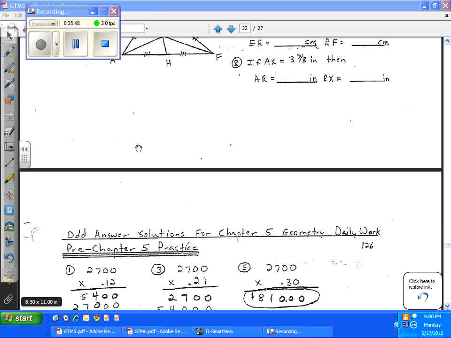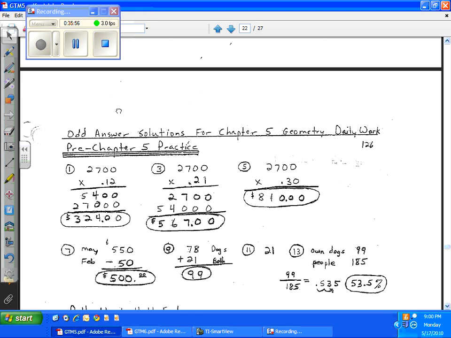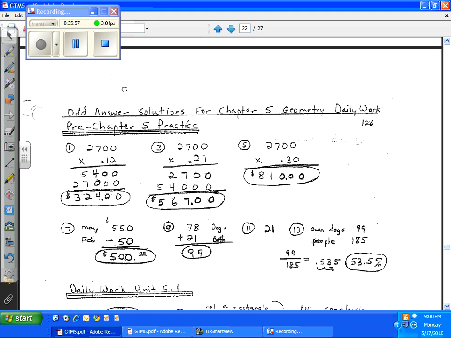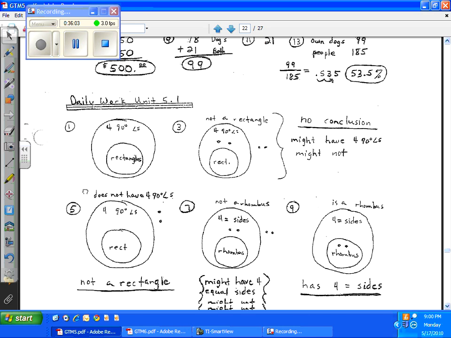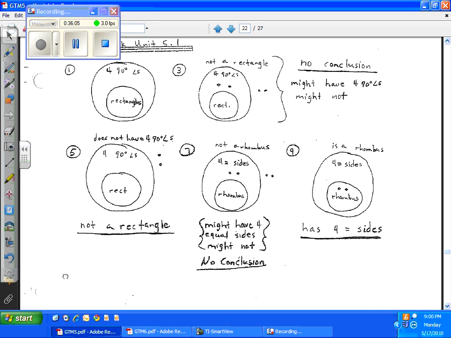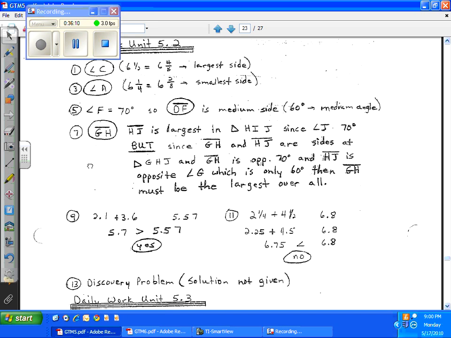Well, that is the end of that daily work, which gets us to the odd answer solutions. Don't forget the odd answers are not just in the back of the book, the solutions are. So it actually shows all of the work here. So again, don't forget that these are in the end of each chapter in the textbook. Okay.